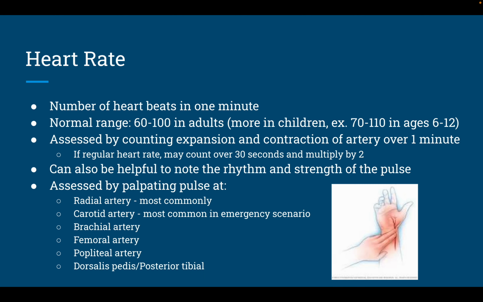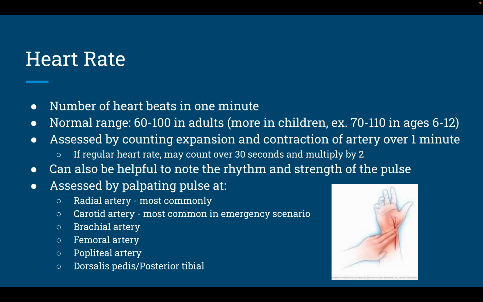For heart rate, we're typically counting the expansion and the contraction of the artery palpated at a superficial location over a minute. A normal range is between 60 to 100 for most adults, and again, with children, they may have higher ranges on that spectrum, so referencing a table as needed.